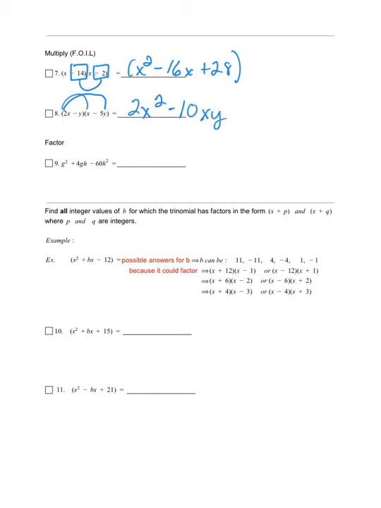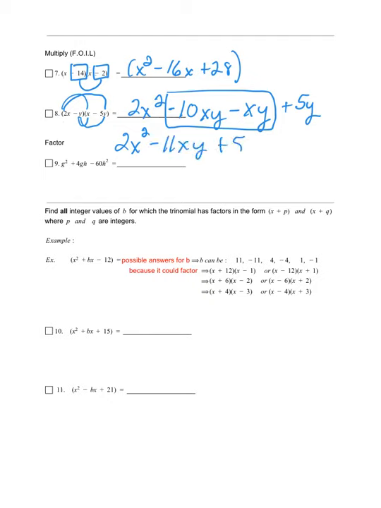First, outer, inner: negative y times a positive x is negative xy. And then a negative y times a negative 5x is a positive 5y. I'm going to combine like terms: 2x squared minus 11xy plus 5y.